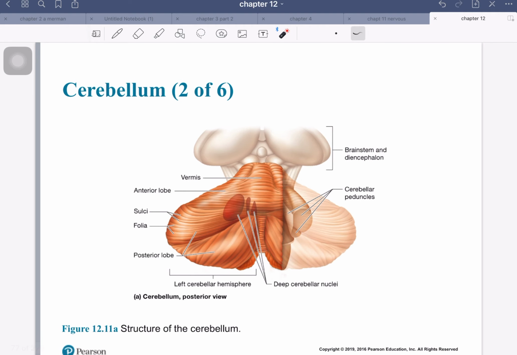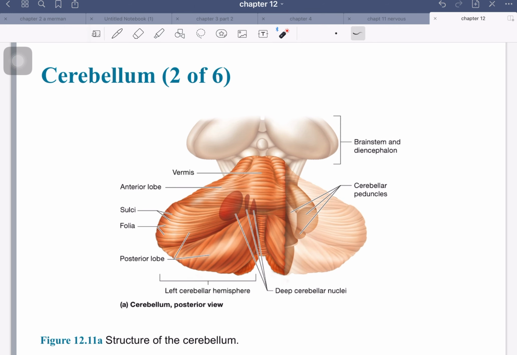So let's have a look. What they're trying to show you here is that the whole cerebellum would be in this area. This is a posterior view, and they've lightened it so you can see inside and see these things called cerebellar peduncles. We'll talk about those in a second.